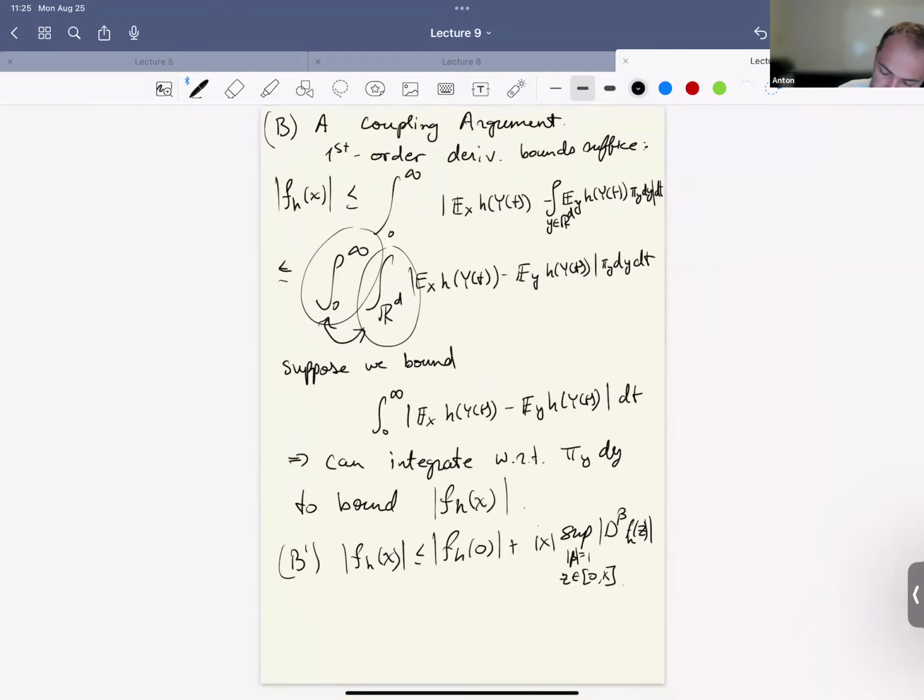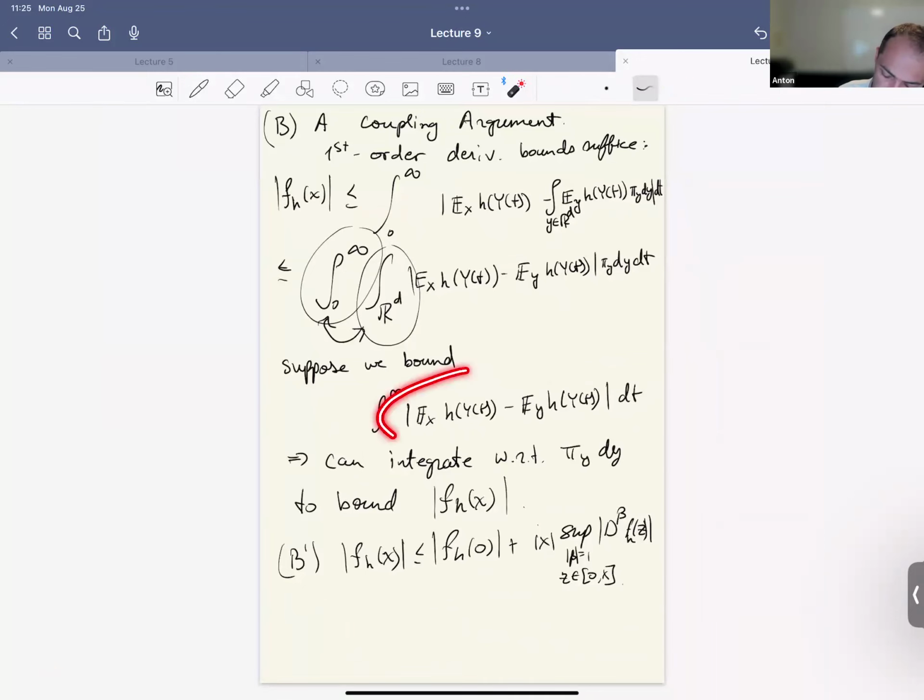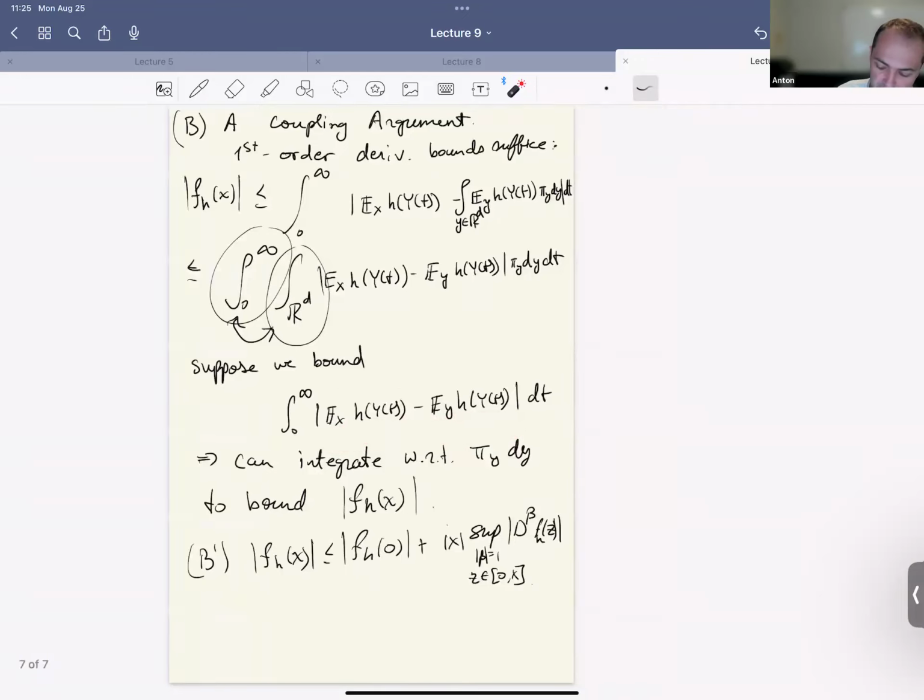Ideally, if we're looking at trying to bound this thing, we have a rate of convergence to 0 of the distance or the difference of these two expectations.